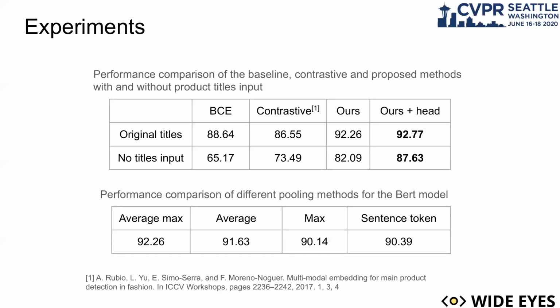You know the average and you know the max. The sentence token is the token that is used in the original BERT paper, but the authors also state that for specific tasks it's better to use some pooling methods. And we also see the same thing in our experiment. So that's all. Thank you for your attention.